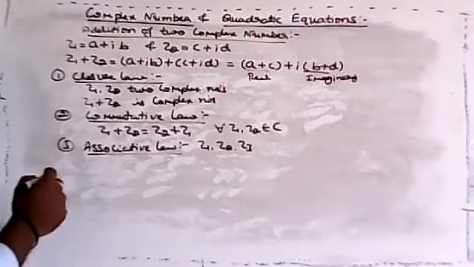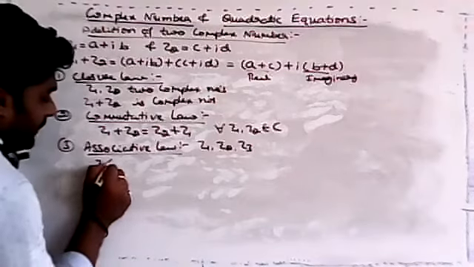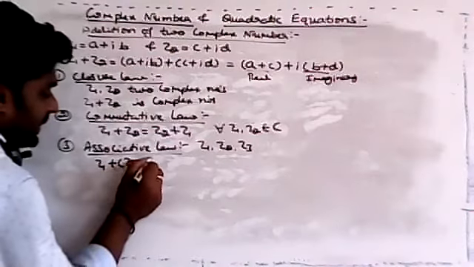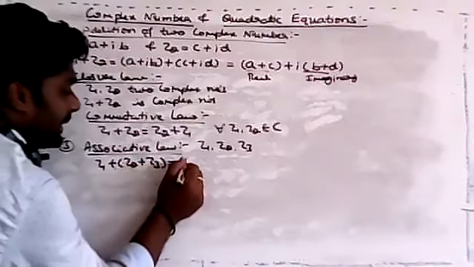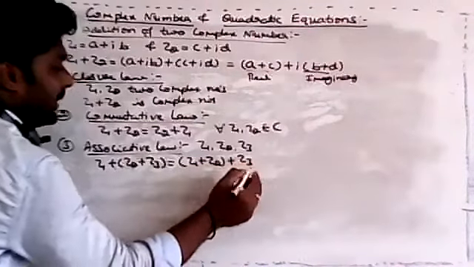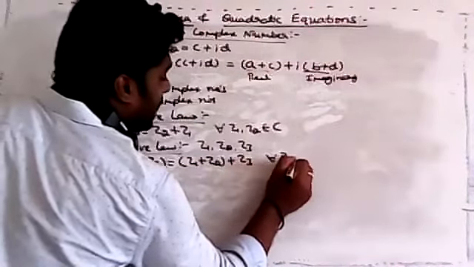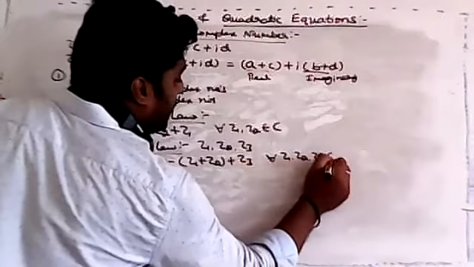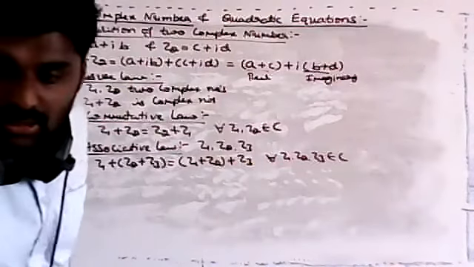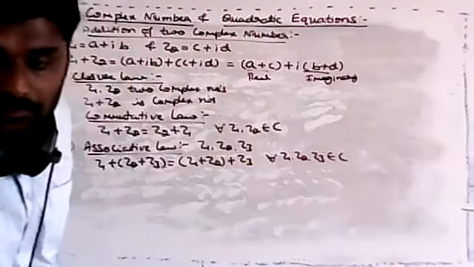Z1 plus Z2 plus Z3 is equal to Z1 plus Z2, close the bracket, plus Z3, for all Z1, Z2, Z3 belonging to the complex numbers.